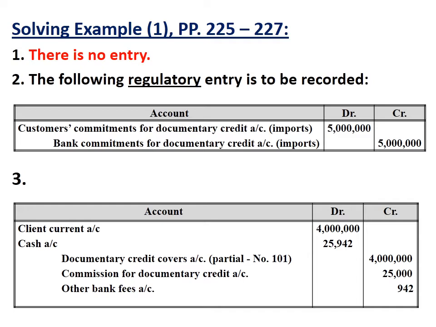Number 3, the client covered 80%. Remember that in number 2, we said that at least the client should cover 75%. Now the client is covering 80% of the credit value.